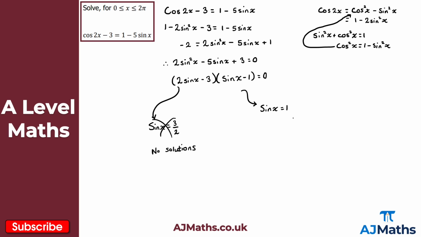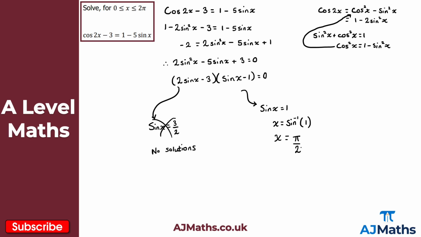We've then got sine x equals 1, which we can solve. So x equal to sine inverse of 1. And don't forget here, we are working in radians, so we're working between 0 and 2 pi here for x. So x equal to sine inverse of 1. That means that x equals pi over 2.